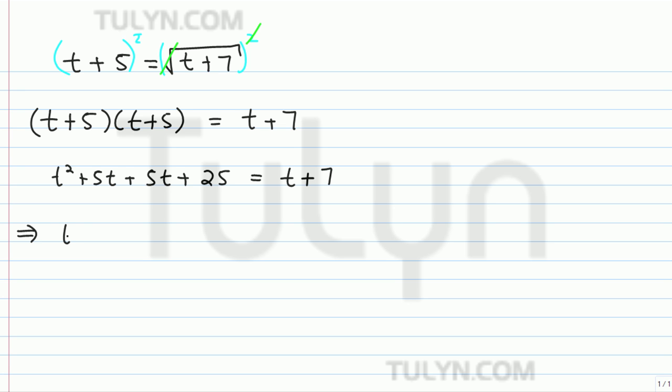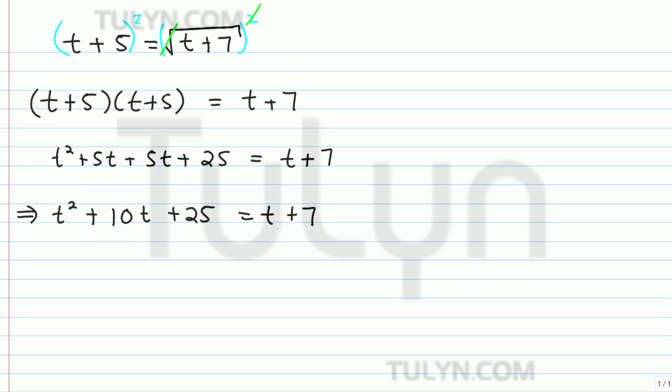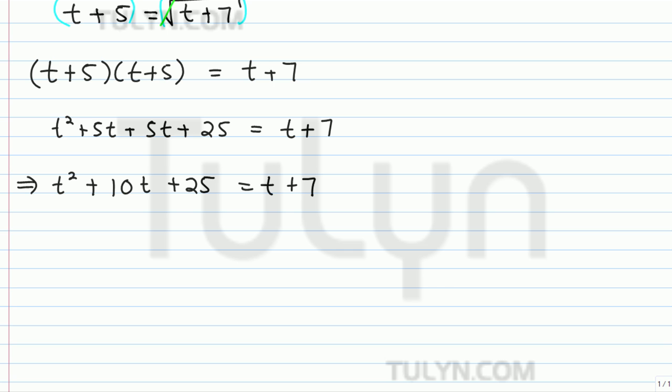Now simplifying further, we get t squared. We can combine the two 5t's since they're like terms. So this becomes 10t plus 25 is equal to t plus 7. And now the goal here is to move everything to one side and leave the other side to be 0.